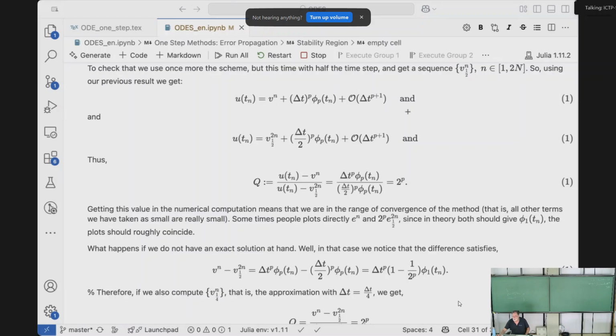So you will get b1 1/2, and this cancels, minus 2 to the p b1, and then this is going to be u times 1 minus 2 to the p.